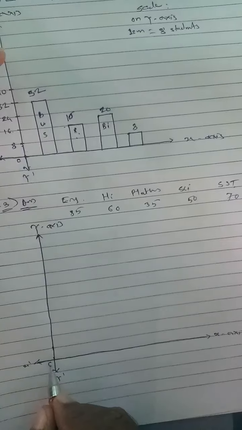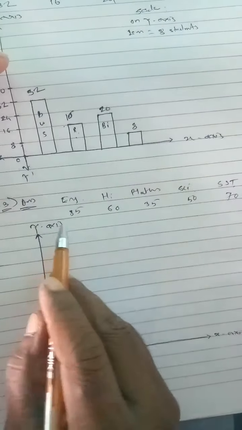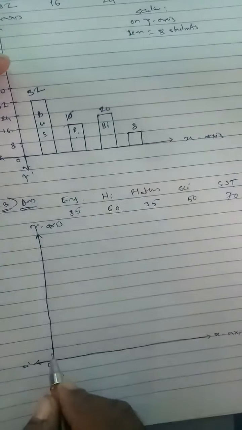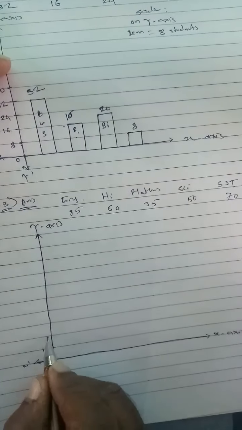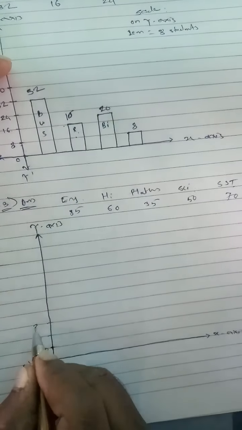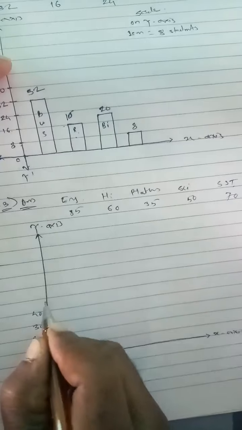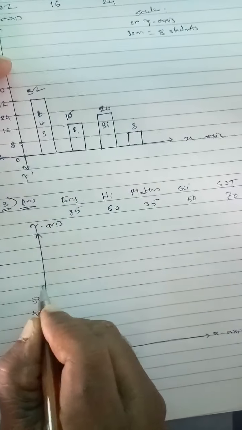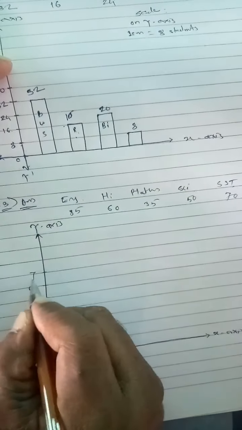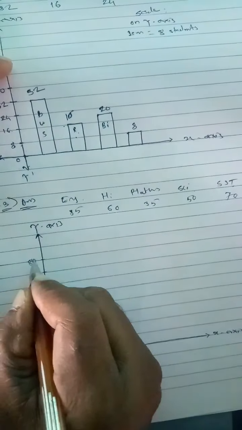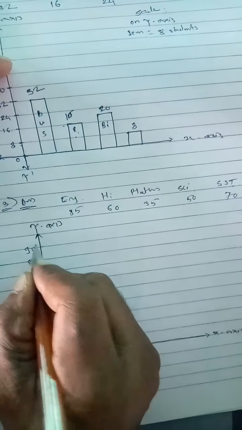Then here 0. Then take a scale. You can take the scale as 10: 10, 20, 30, 40, 50, 60, 70, 80 and 90.